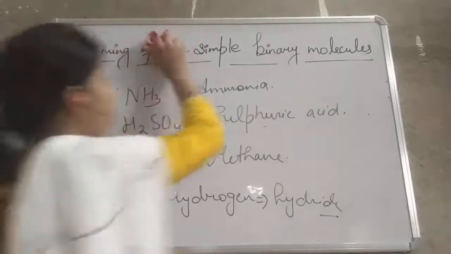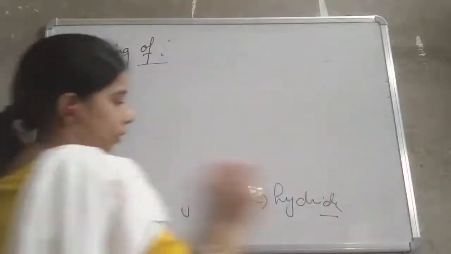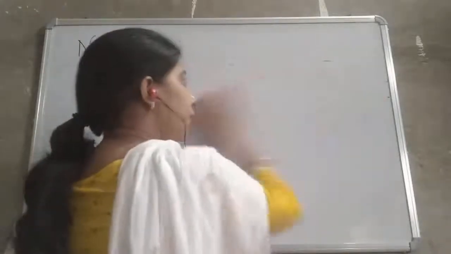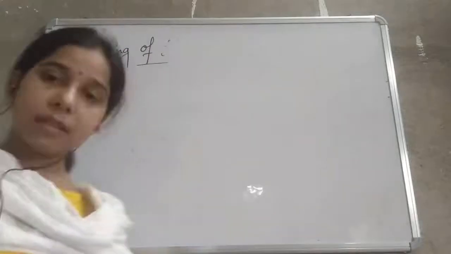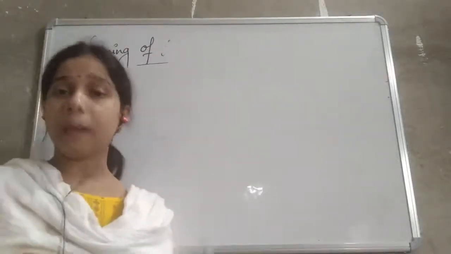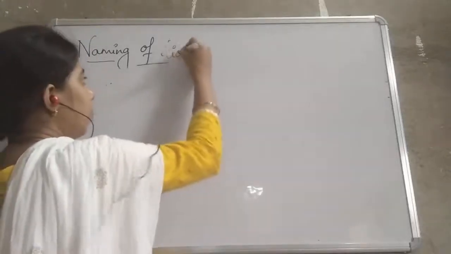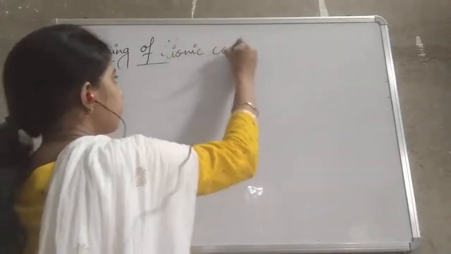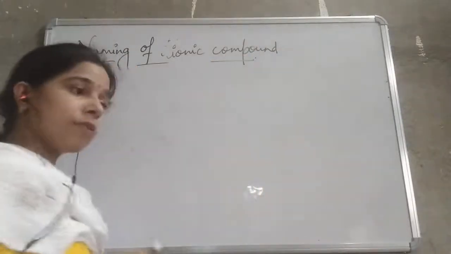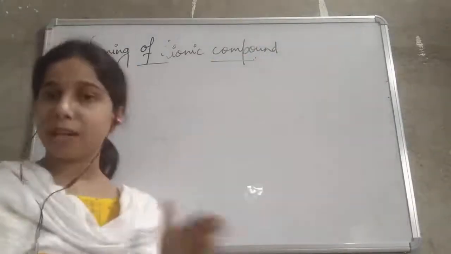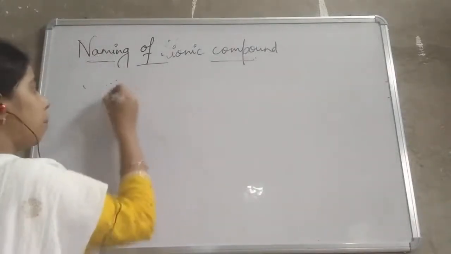Now if we talk about how to name an ionic compound, it means a compound having positive and negative ions. For that you have to follow the same criteria as we had discussed, but we will never use the prefix.